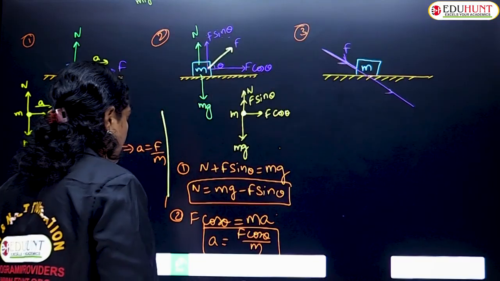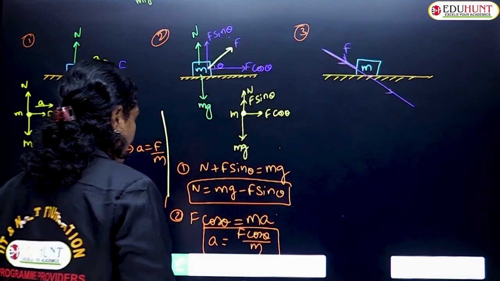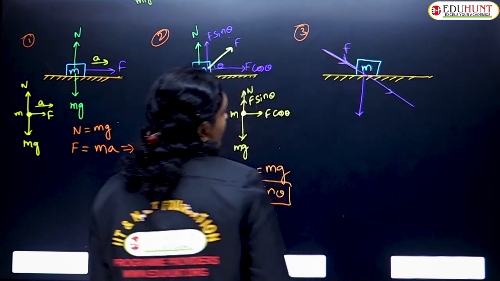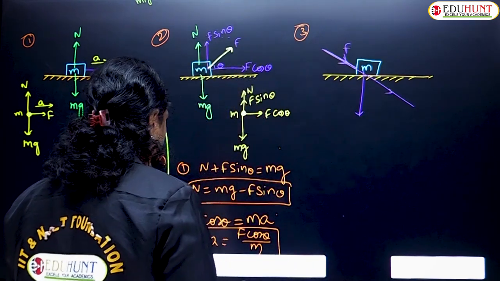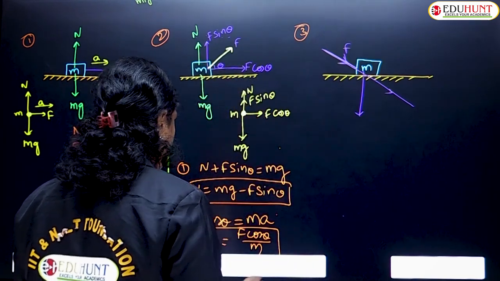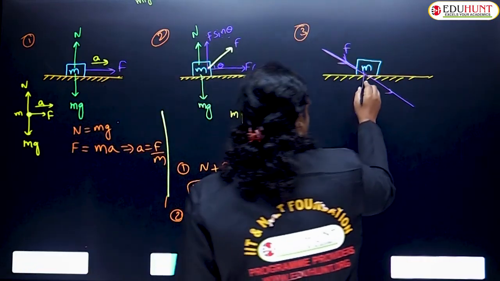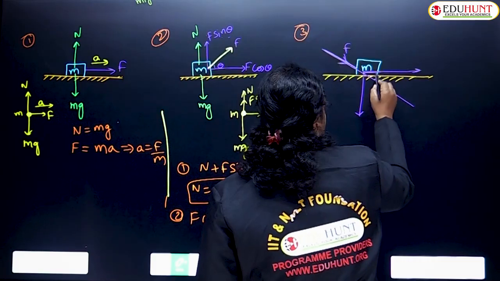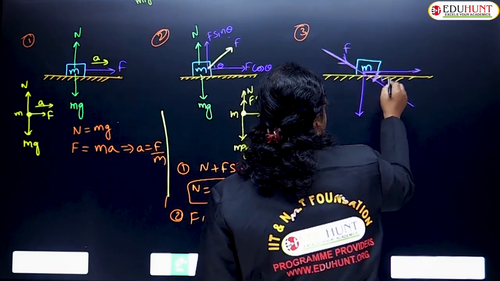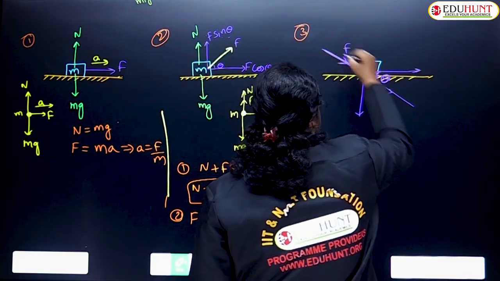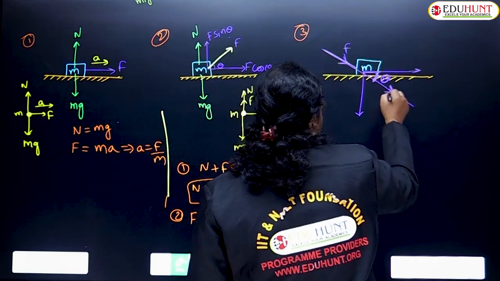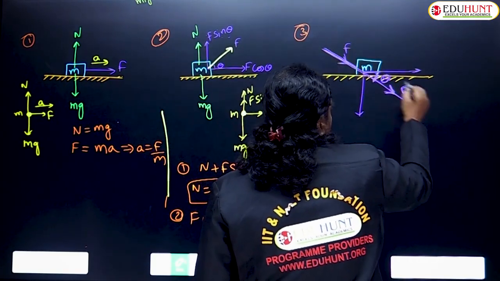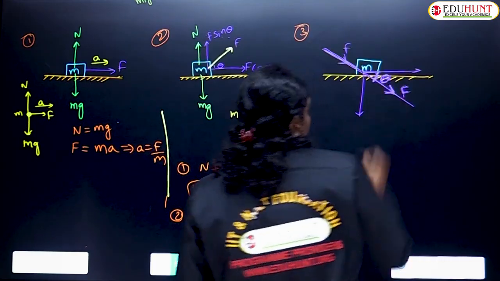Is that clear, children? If the force is applied in that direction, we observe that it makes an angle theta with the horizontal. This is the direction of force F, and the angle with the horizontal is theta.